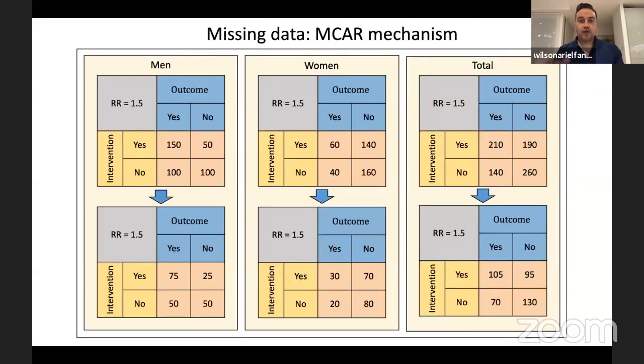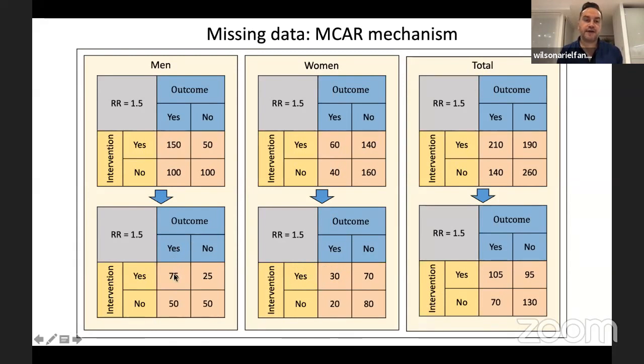So this is another way to explain the mechanism of missing data. In this case, it is the missing completely at random, as Ana Maria explained to us very well. Just imagine that the top charts are before starting the trial, and the bottom ones are after finishing the trial.